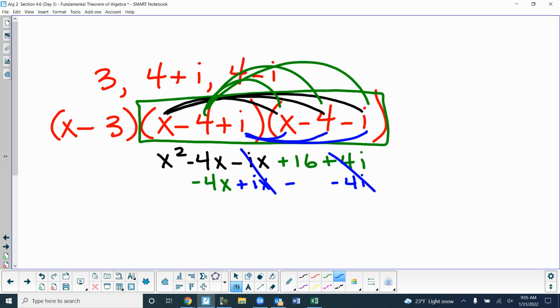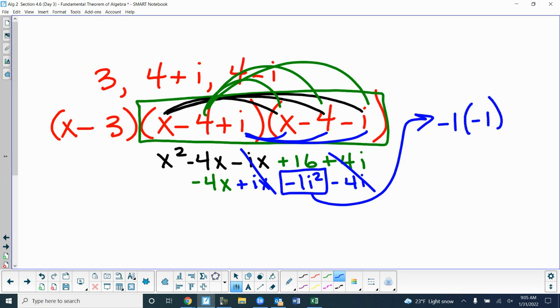Again, what's in front of these i's? What number? We never write it. 1. So it's a negative 1 i squared, right? Okay. So this problem here is negative 1 times negative 1 because i squared equals negative 1, right?